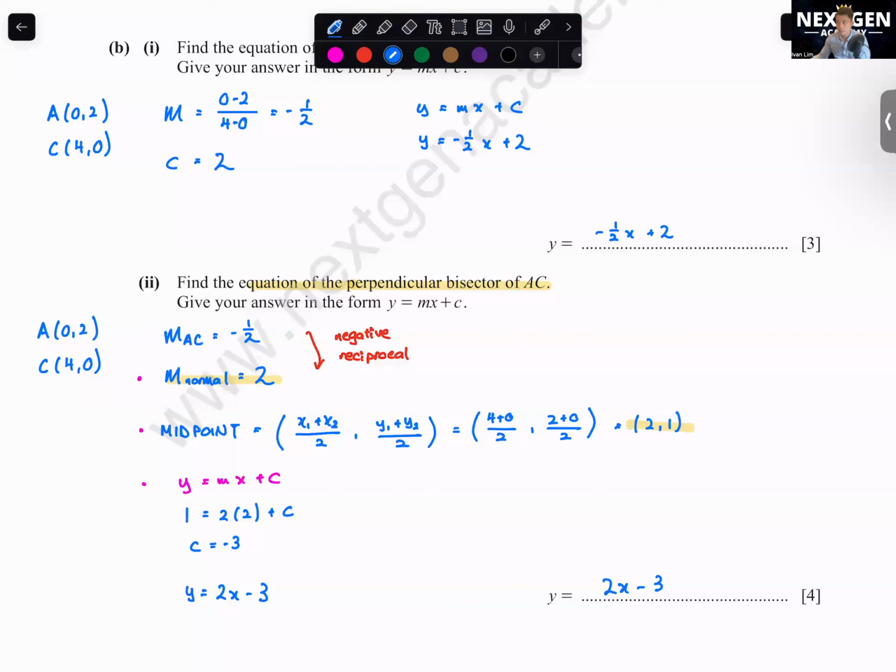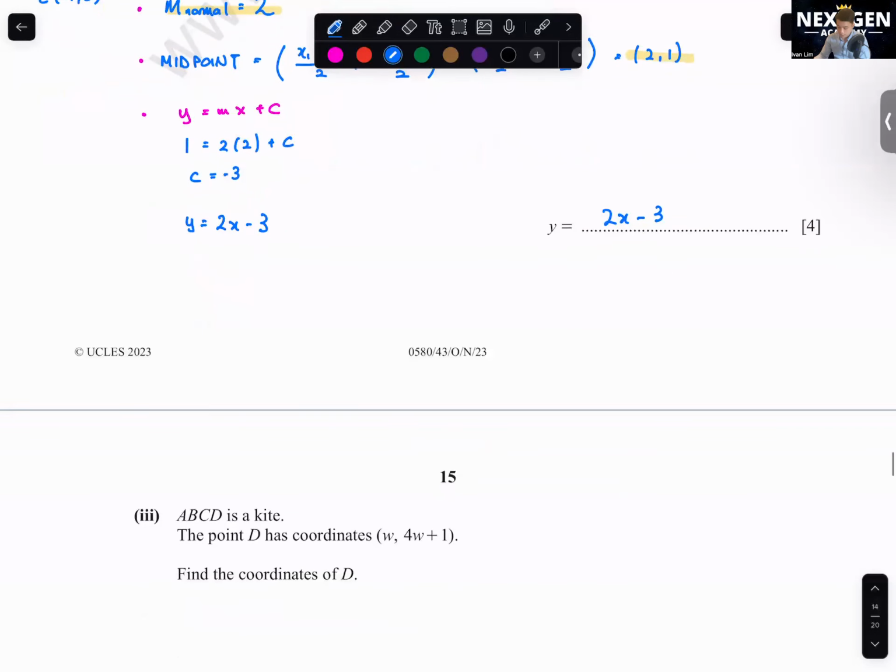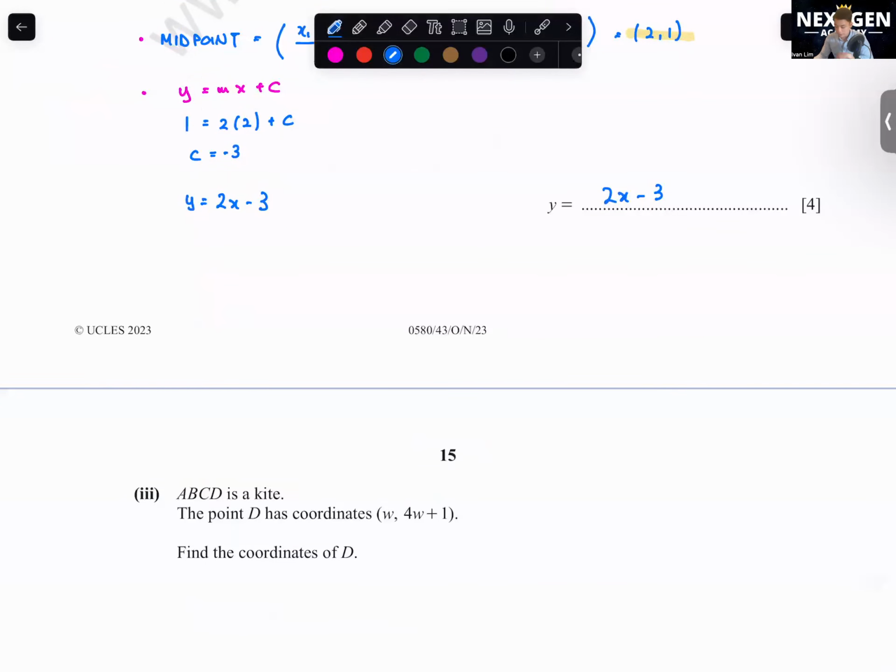The last one, I think this is where a lot of students get a little bit stuck. ABCD is a kite. By the way, this one you need to look back into all the previous part here. Okay, Shavesh asks, can you sub into y minus y1 equals to m bracket x minus x1?